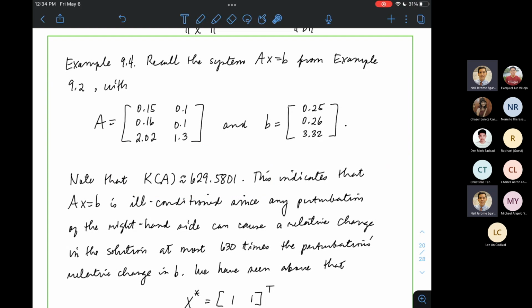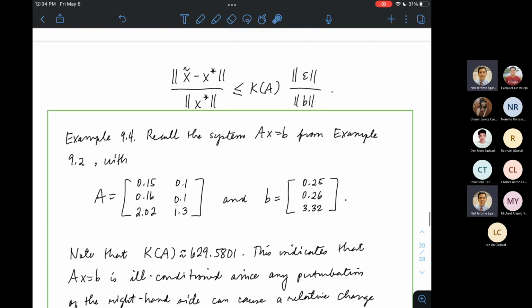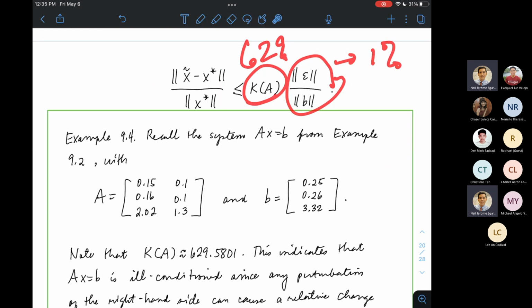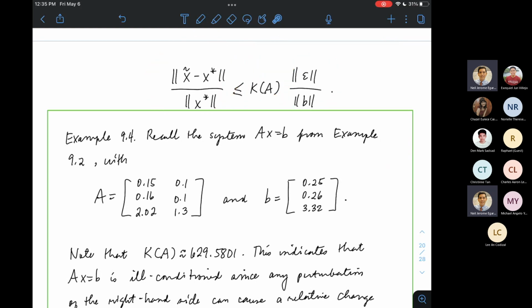So this is quite big because that means that the relative change in the solution that you will obtain will be 630 times the size of the noise. So if your noise is about 1%, that means the relative error is around 600% between the actual and the perturbed solution. So prepare to get 6 times the error dun sa actual solution.